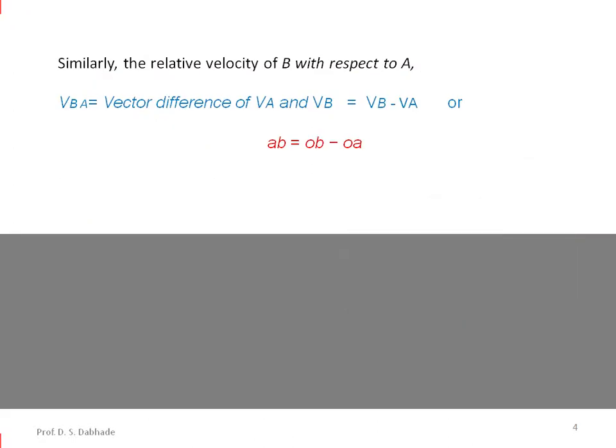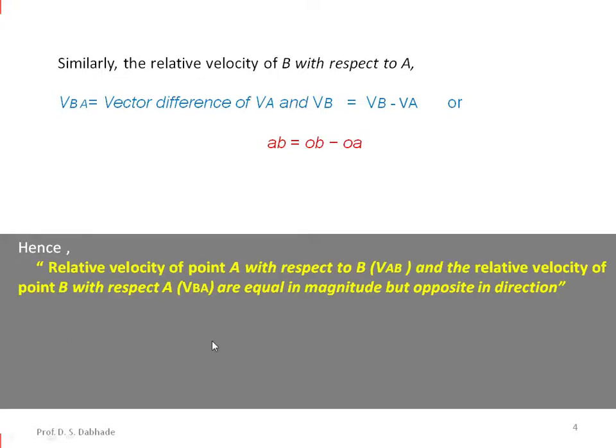So here we can conclude that the relative velocity of point A with respect to B and the relative velocity of point B with respect to A are equal in magnitude but opposite in direction. We have seen it here.